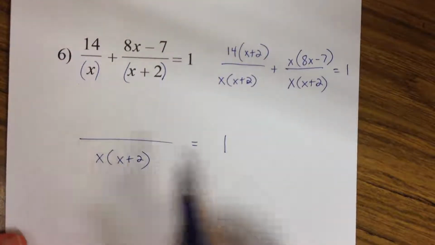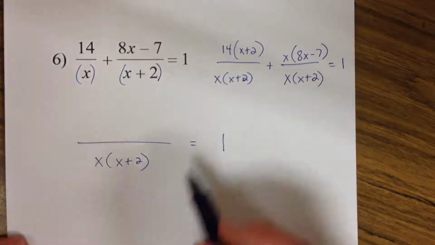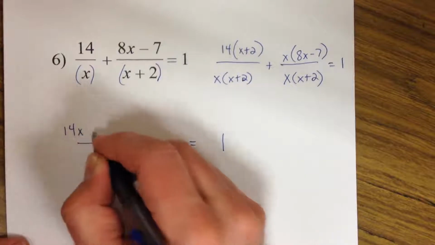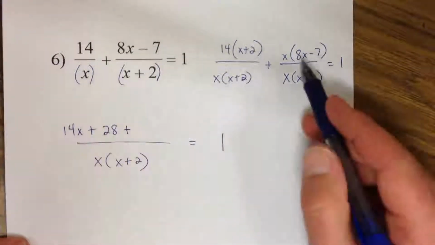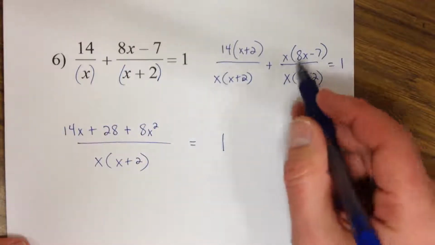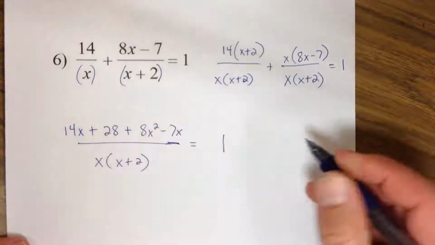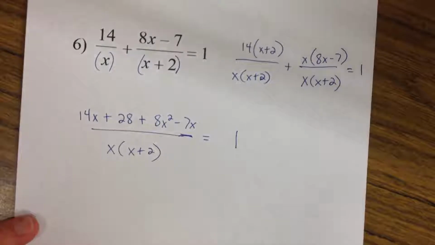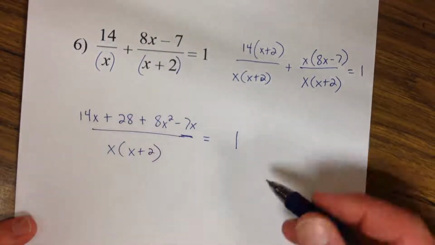So if I put this all together here, I might actually go ahead and distribute that. So I get 14x plus 28 plus x times 8x is 8x squared. And then x times negative 7 is negative 7x. Okay, so I could collect this stuff here.